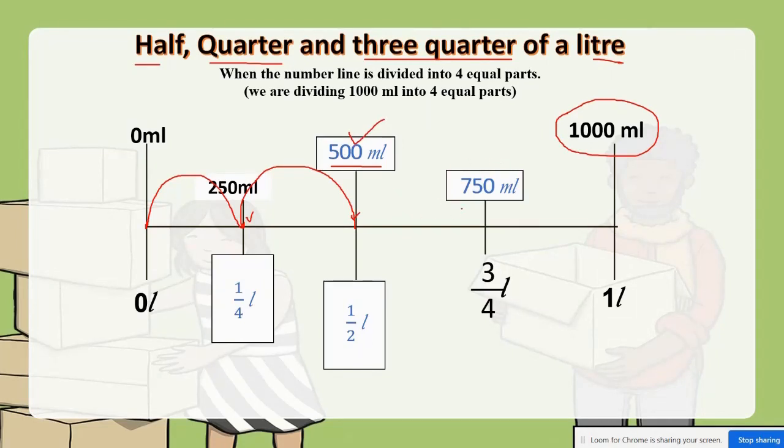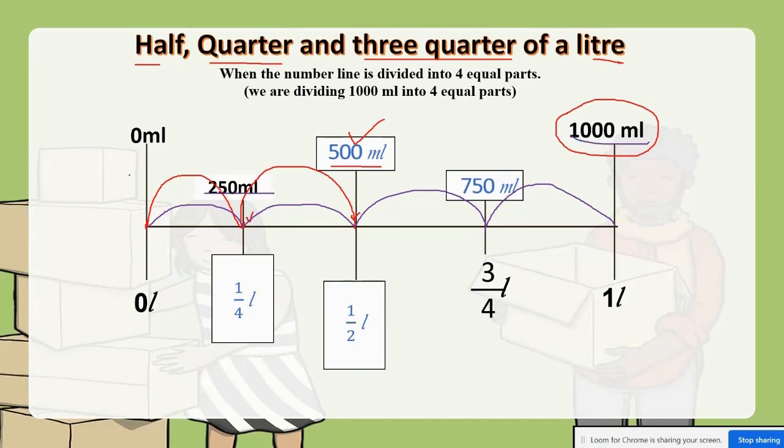How do we get this 750 ml? Could you think? For that, we have 250 ml plus 250 ml plus 250 ml. That makes it 750 ml. And if you add another 250 ml to it, you get 1000 ml.